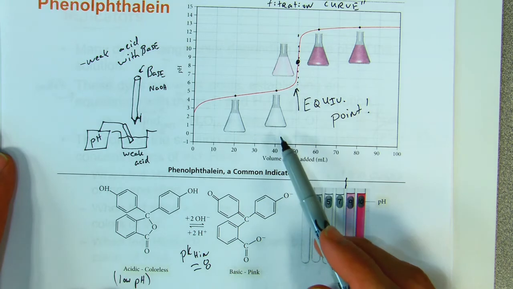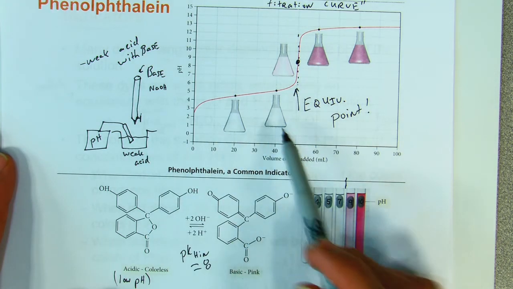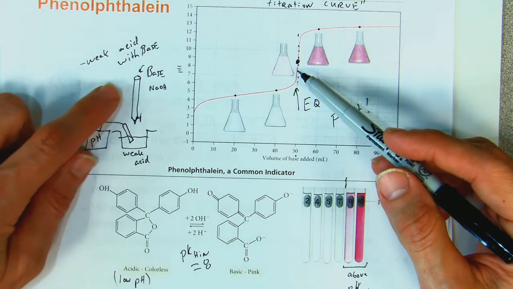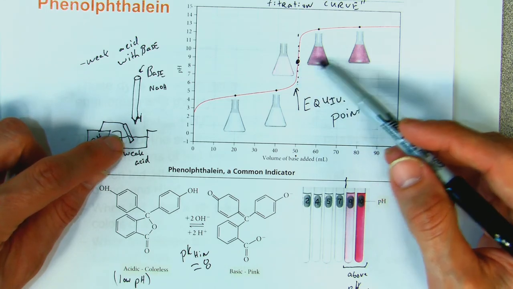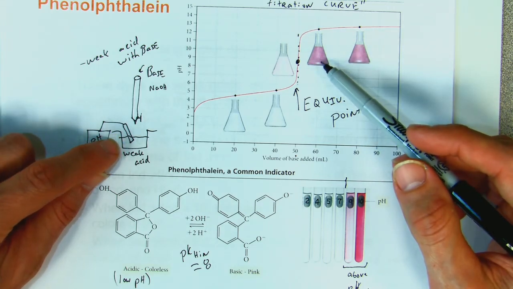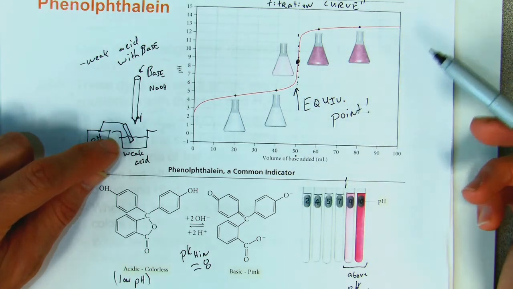So when we were carrying out this experiment, the beaker would be clear and colorless, clear and colorless, clear and colorless, and then all of a sudden, we'd add a drop or two of our base from our burette into this mixture, and the color would suddenly change to a bright pink. And that would provide a visual indicator that this reaction had reached an endpoint, an equivalence point. We're done with the titration.